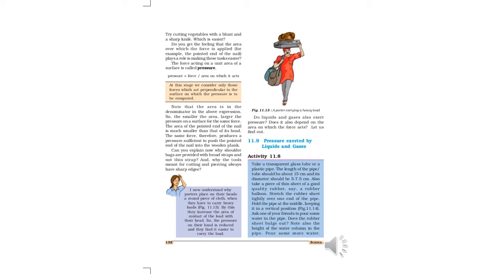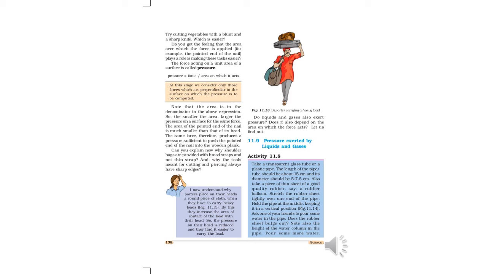Second time we are adding more and more water. The level of the water in the pipe increases and the bulging of the rubber sheet also increases on pouring more water in the pipe. Thus, bulging of a rubber sheet increases as the height of the water column in the pipe increases.